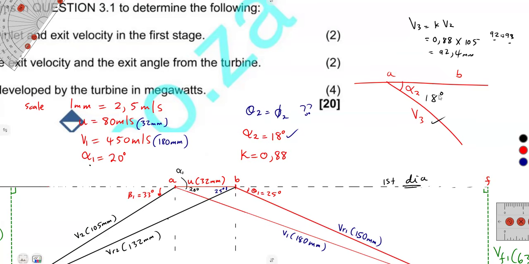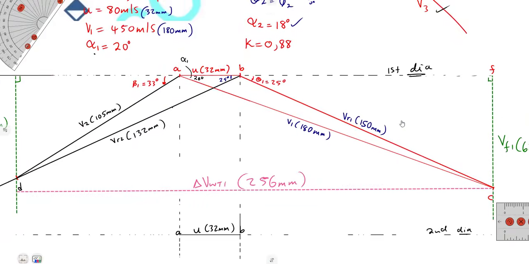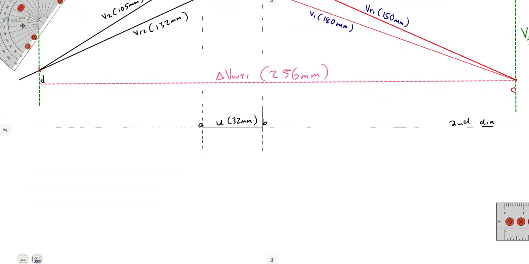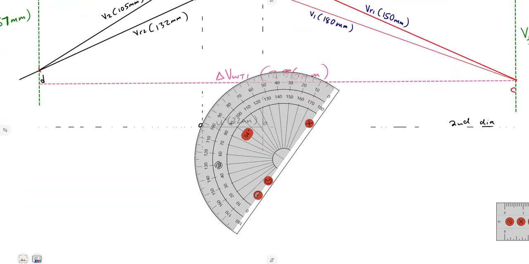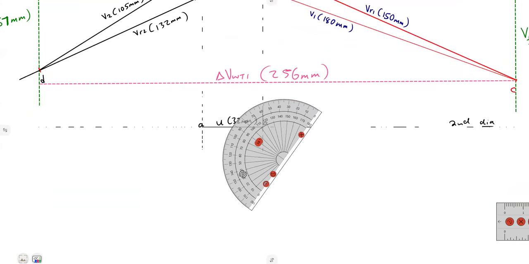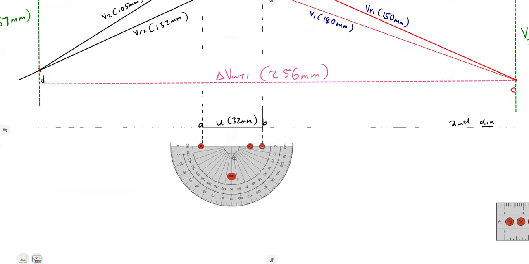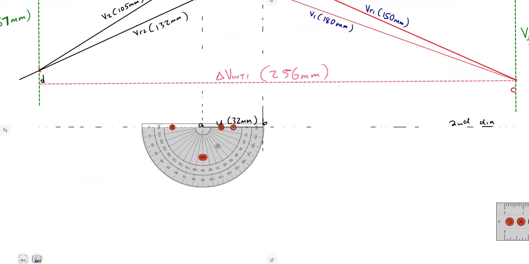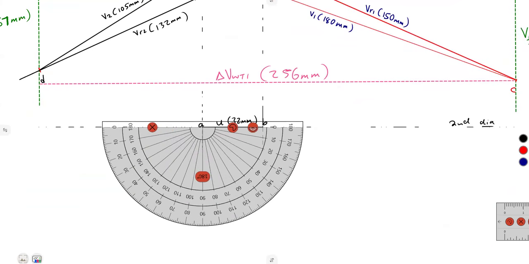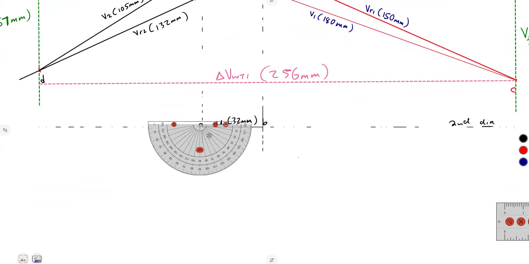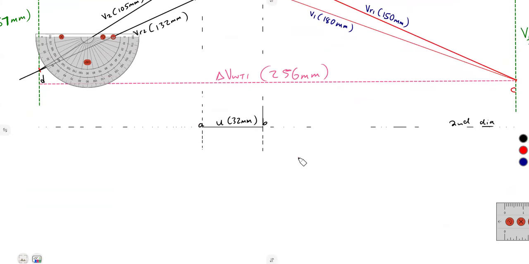From 18 degrees at point A, let us measure that. This is our point A here. So 18 is 0, 10, 20, just before 20, somewhere there. This is our 18.